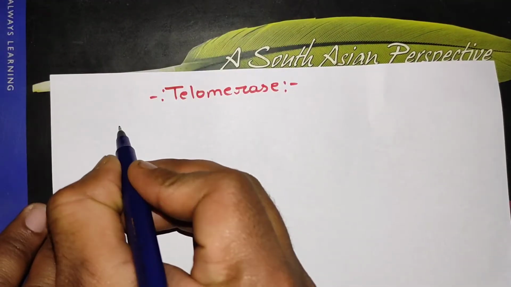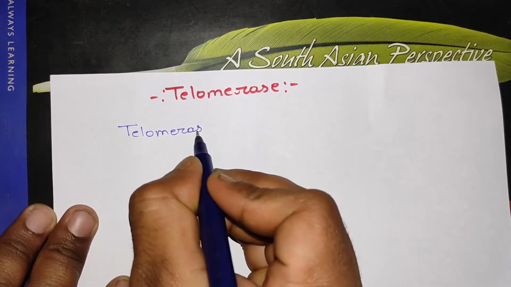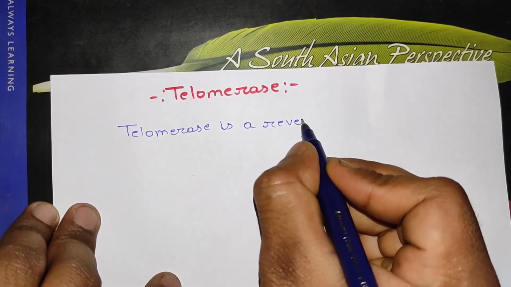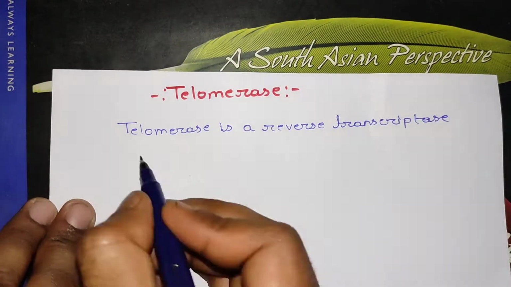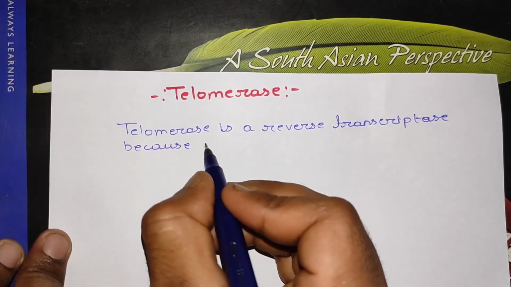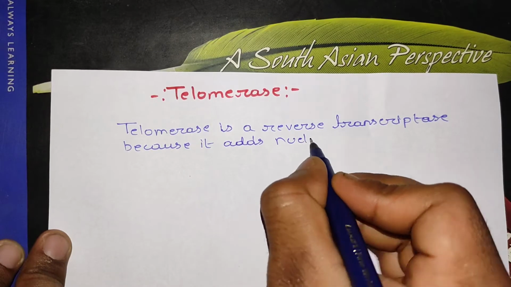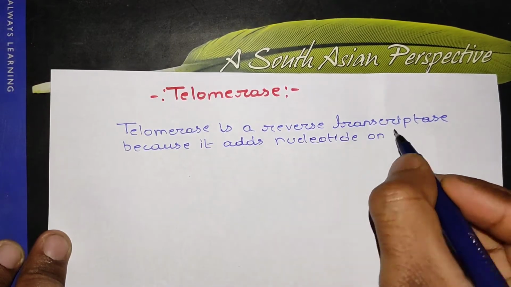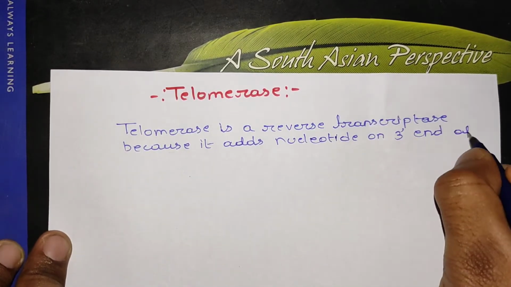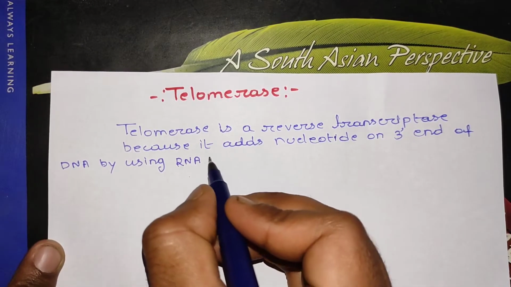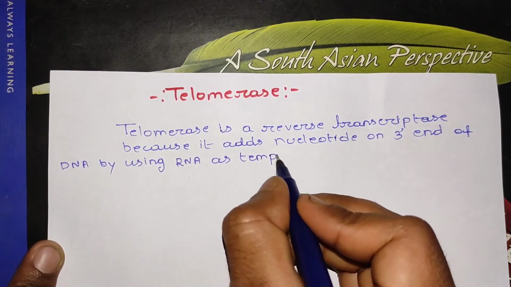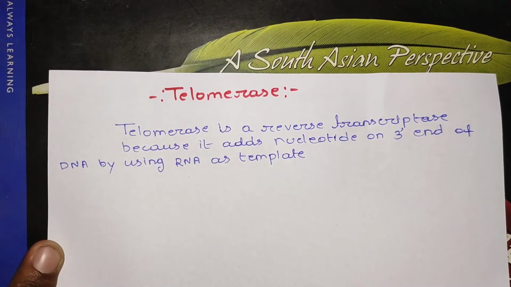Now, what is telomerase? Telomerase is a reverse transcriptase, because it adds nucleotides on the 3' end of the DNA by using RNA as a template.